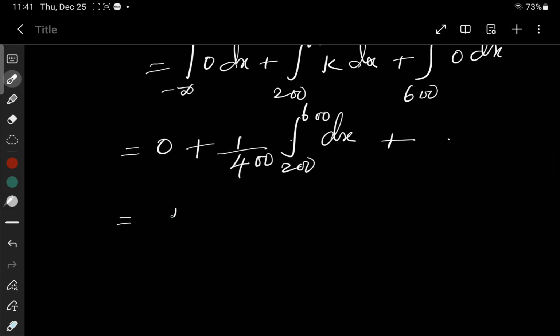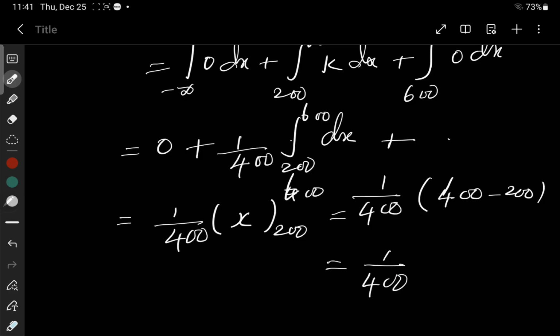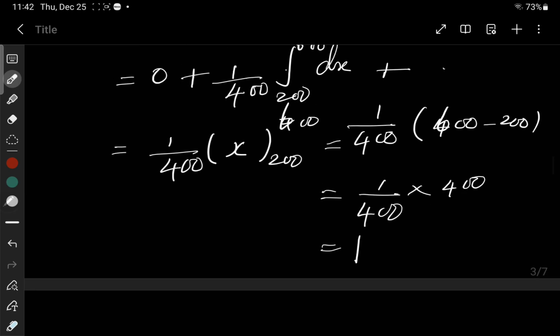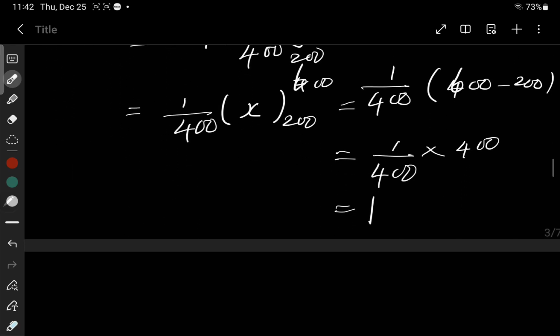So 1 by 400, integration of dx is x, from 200 to 600. So 1 by 400 into upper limit 600 minus 200. 600 minus 200 is 400. 400 gets cancelled. You will get 1. So the distribution function for x greater than 600, the value is 1.